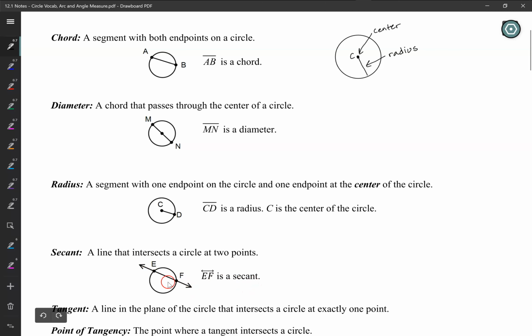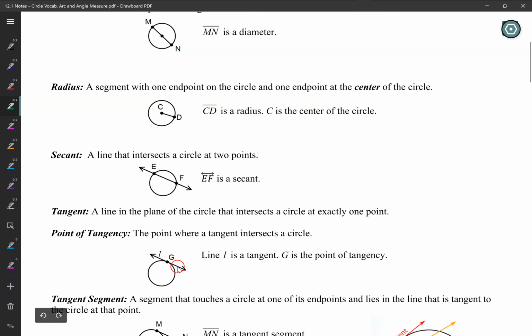So this line is a secant, line EF. So notice that I have named it with the double arrow symbol on top, line EF. Now, if I were only talking about this part of the line, between E and F, that would be a chord, but the whole line is a secant.